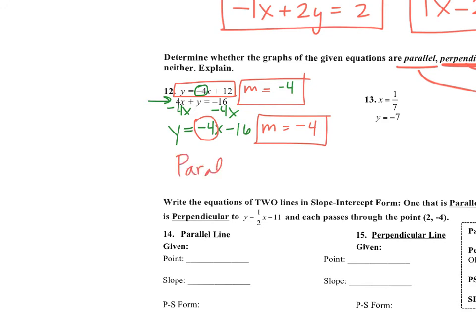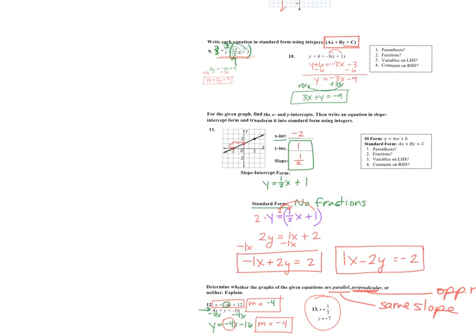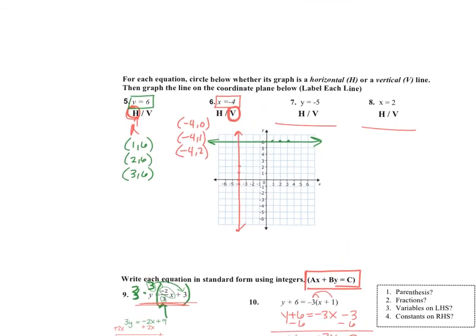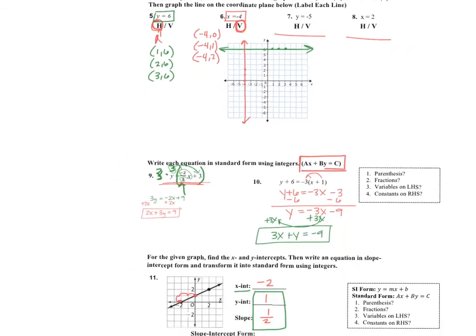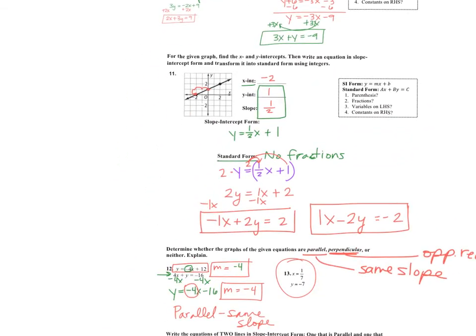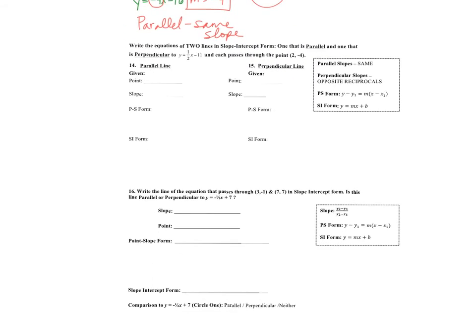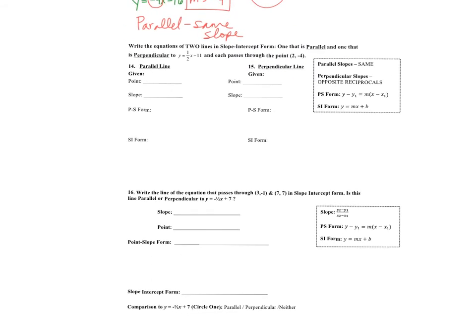This would be parallel because they have the same slope. Okay, I'll let you take a look at that one and think about what you know. Remember for number 13, what you know from numbers 5 through 8 with parallel, perpendicular, y equals, x equals, what do you know there?